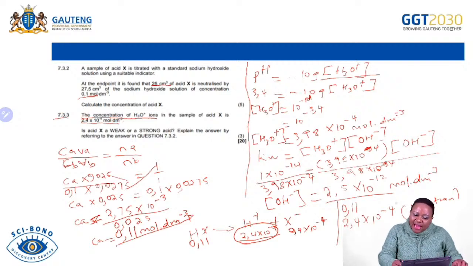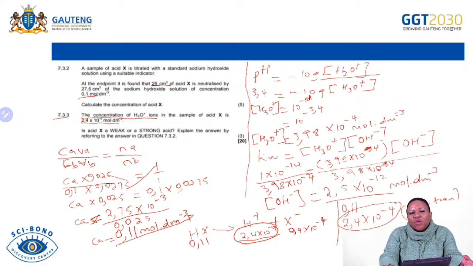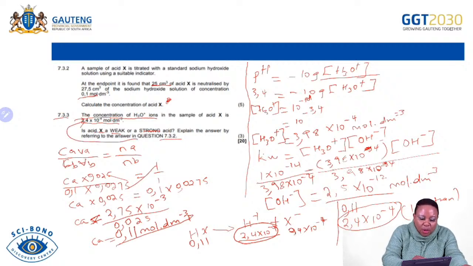And when you look at the ions being produced in terms of the concentration of acid X, you can see that the concentration of the ions produced by acid X is lower than that of X. Therefore, is acid X a weak or a strong acid? Explain your answer by referring to the question above, which is this one, where we're calculating the concentration of the acid.